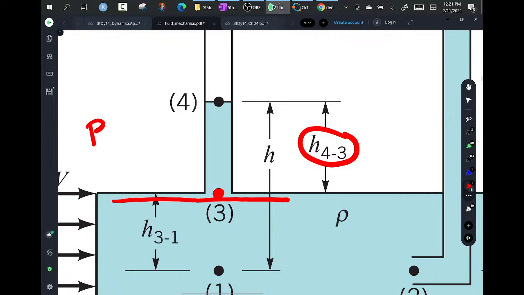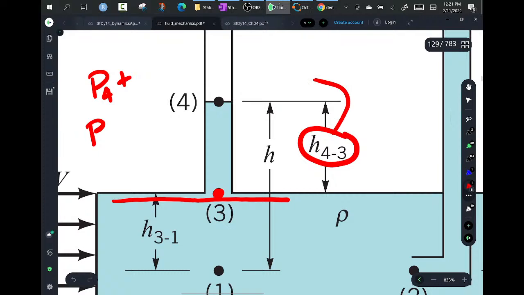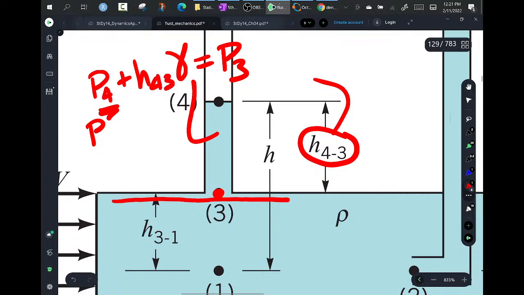So if I want to know P3, well, let's say I start at P4. P4 plus H43 times gamma of this substance is equal to P3. Again, I started, moved down that distance to that fluid.